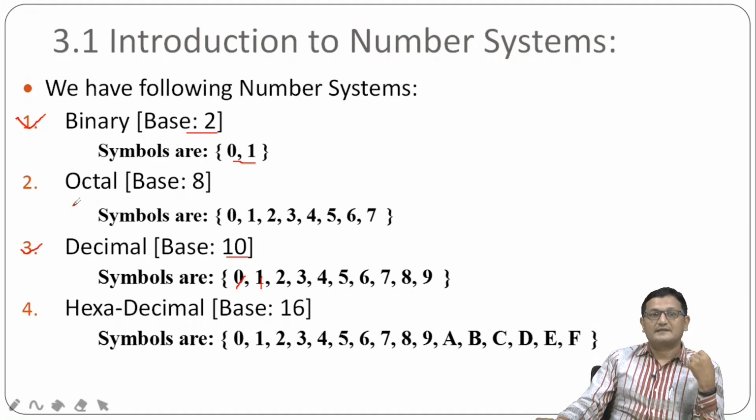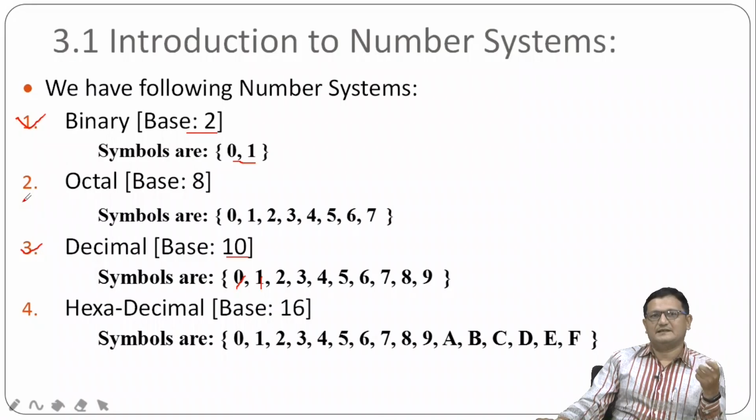right? Second, there is the decimal number system which we humans are using in our day to day life, right? And that uses 10 symbols, 0, 1, 2, 3 up to 9. Total 10 symbols, that is why the base of the decimal number system is 10. Similarly, apart from these 2 numbering systems, binary and decimal, there are 2 more systems.